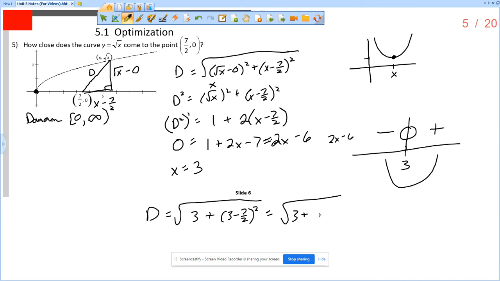That would be negative 1 half squared, right? So I get 3 and 1/4. All right. And so the square root of 3 and a fourth. And 3 and a fourth, that would be 13 fourths. So the square root of 13 fourths would be the distance. All right. That is slide number 6.